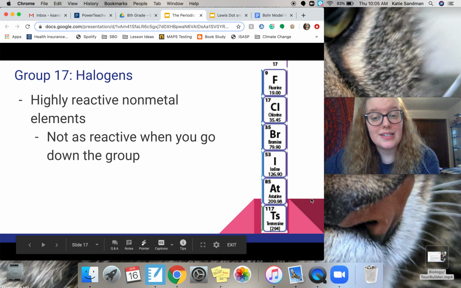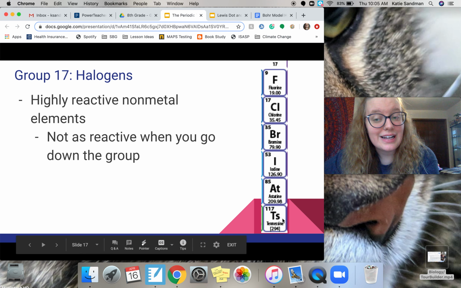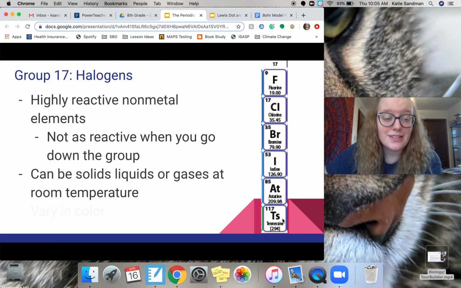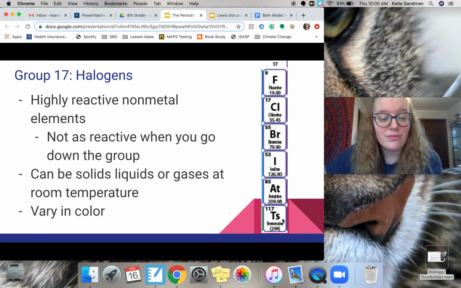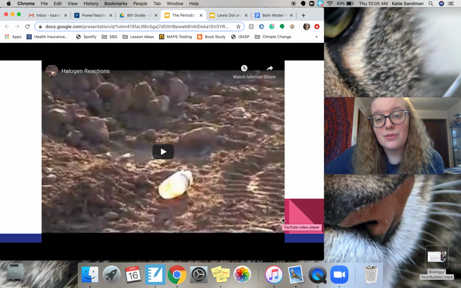These ones are the opposite. So fluorine is the most reactive in this group, and as you go down the group, they get less reactive. These ones can be solids, liquids, or gases at room temperature. It just depends on which element it is. And these ones also vary in color. So another video to watch if you want to.